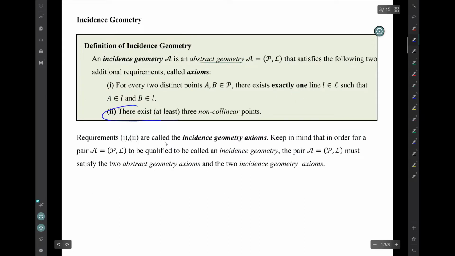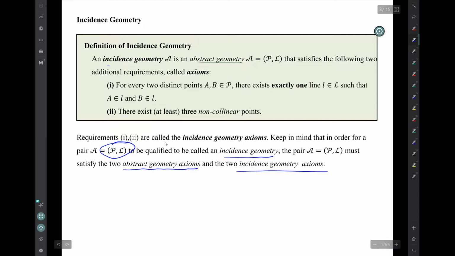Axiom 2 is this: there exist at least 3 non-collinear points. Those requirements are called the incidence geometry axioms. Now keep in mind that in order for an ordered pair, script P, script L, to be qualified to be called an incidence geometry, that pair must satisfy not just these incidence geometry axioms, but also the abstract geometry axioms.